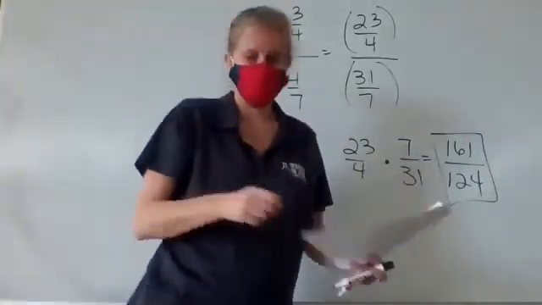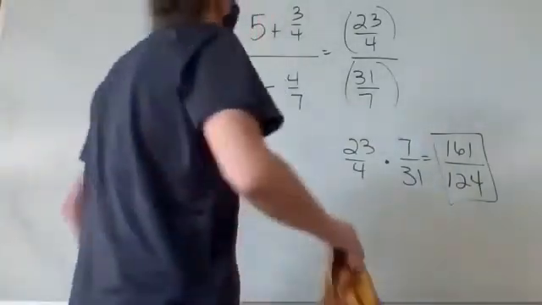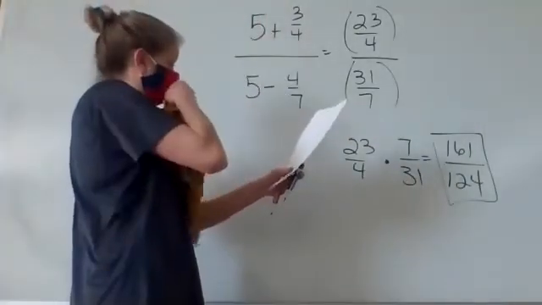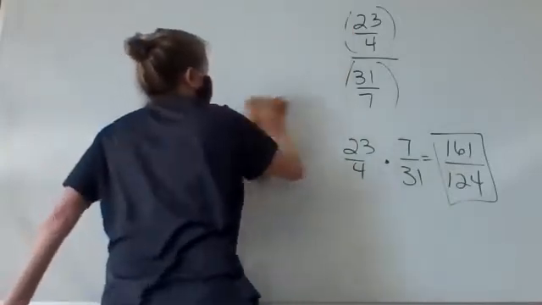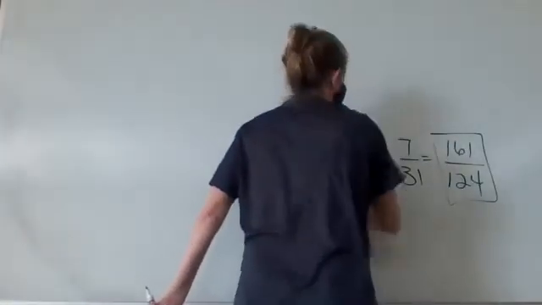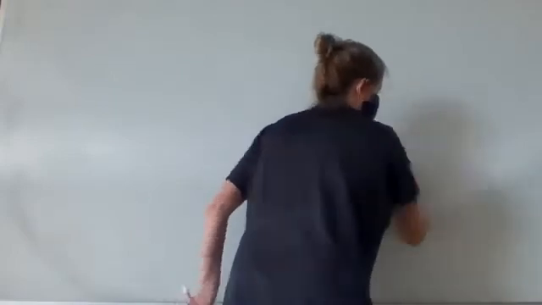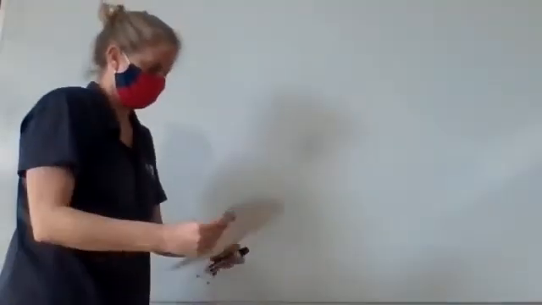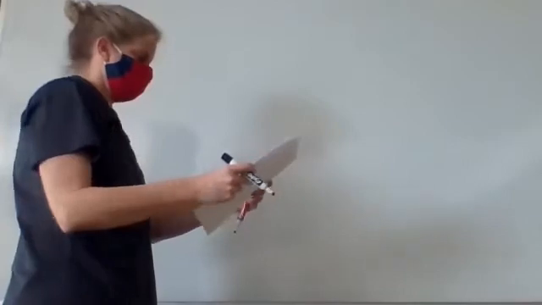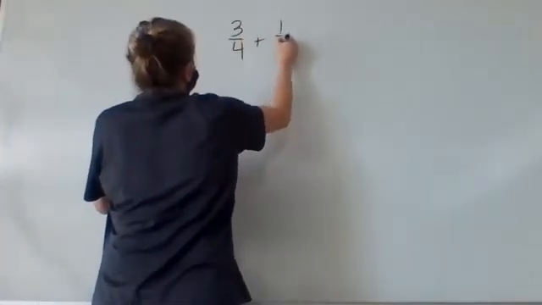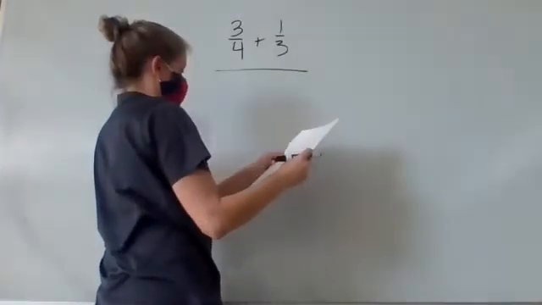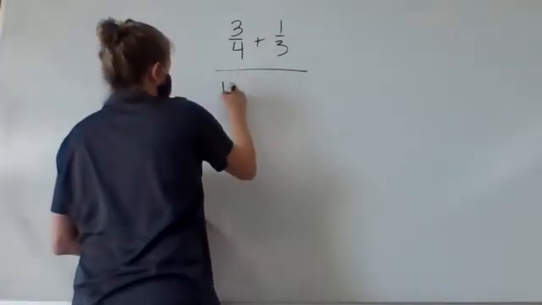Right, number 7. Same exact kind of problem. Three-fourths plus 1/3 over 11/12 minus 5/8.